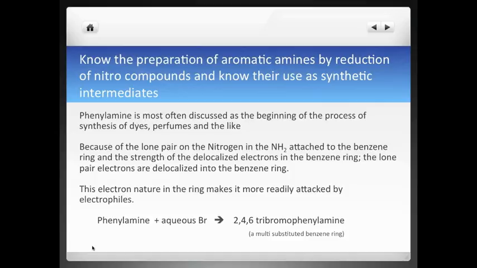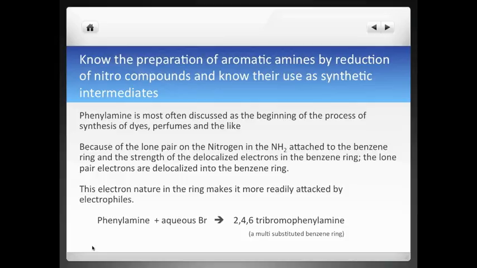Because of the lone pair on the nitrogen in the NH2, and because of the delocalized electrons in the benzene ring, the lone pair on the nitrogen is delocalized into the benzene ring. So instead of a nucleophilic substitution, it is more likely to be attacked by an electrophile.